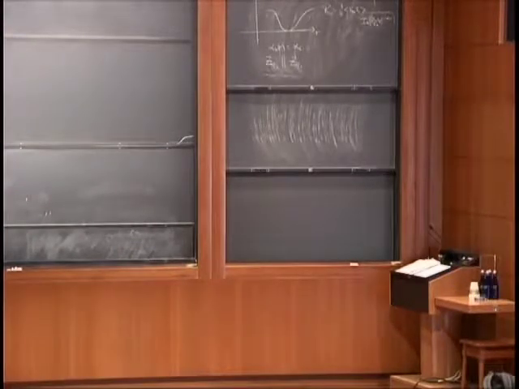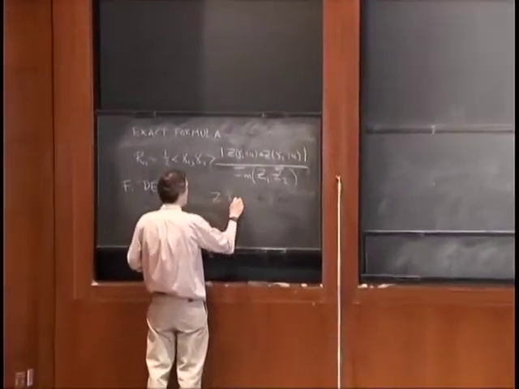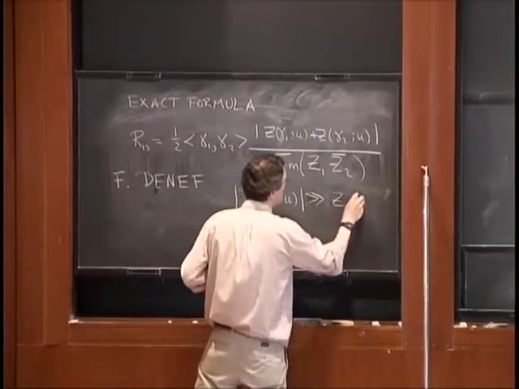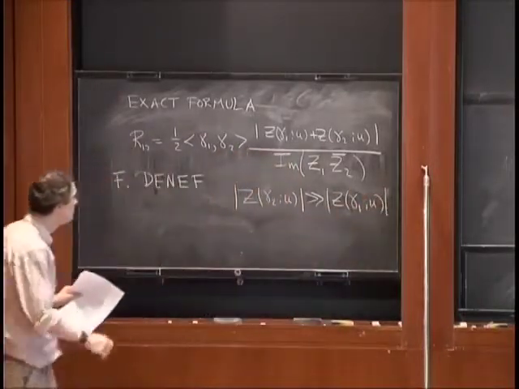Now, supposing we're in the probe approximation where z of gamma 2 u is much, much greater than z of gamma 1 u.